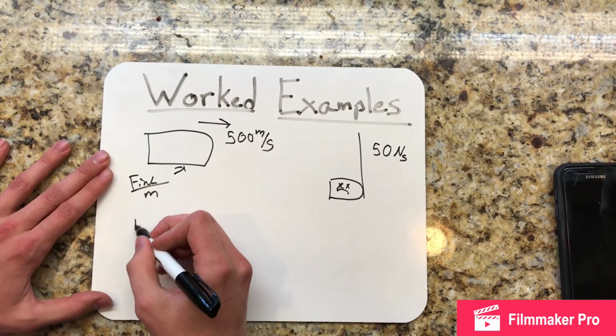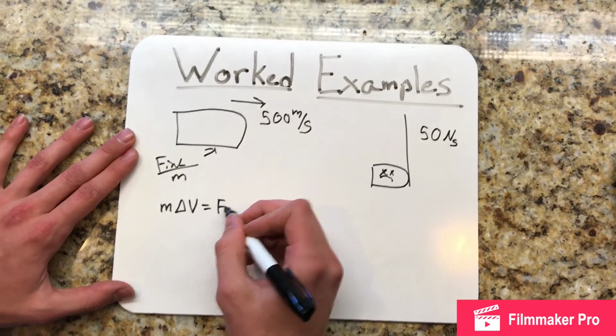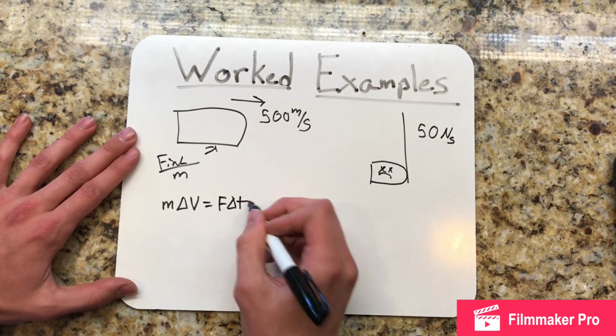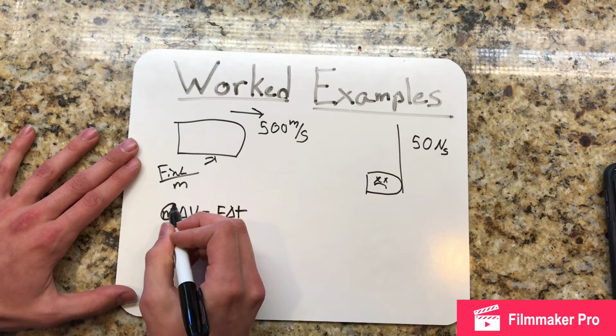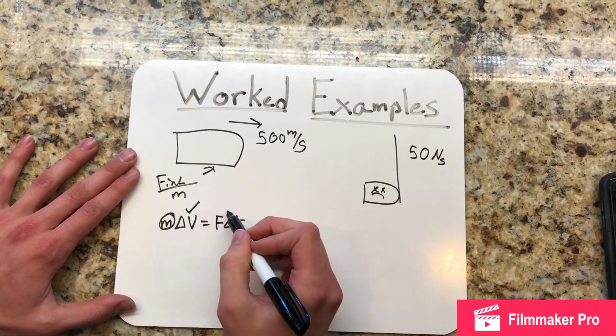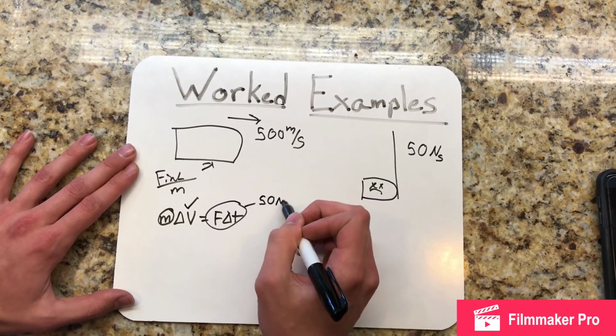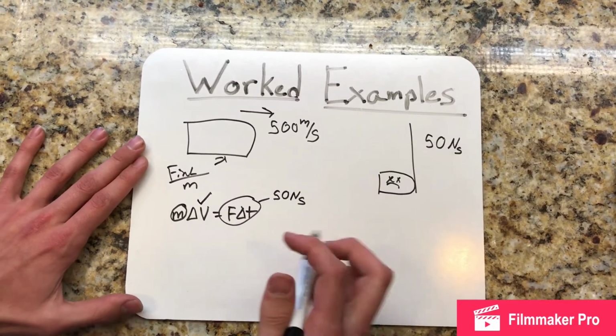So what we can use is our equation. We are trying to find this mass. We have the change in velocity here, and this whole thing equals that 50 newton seconds.